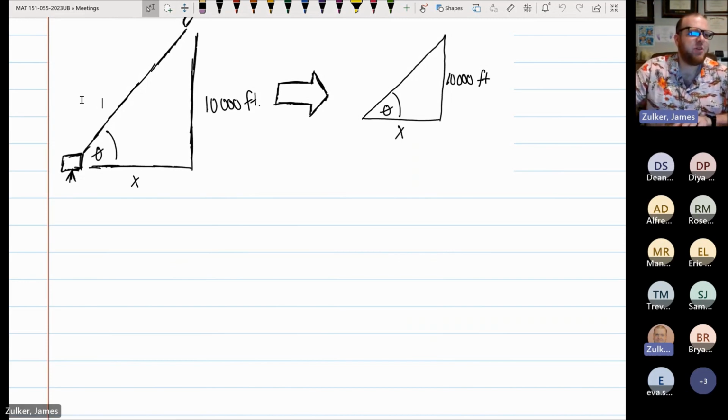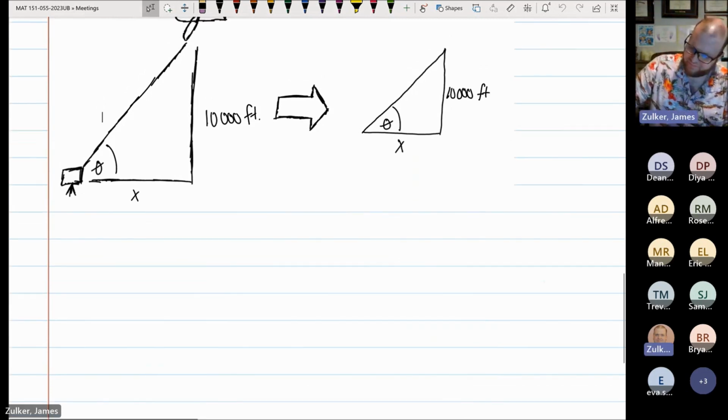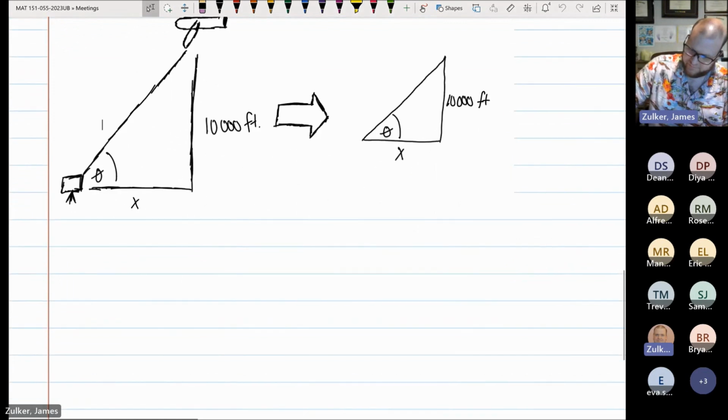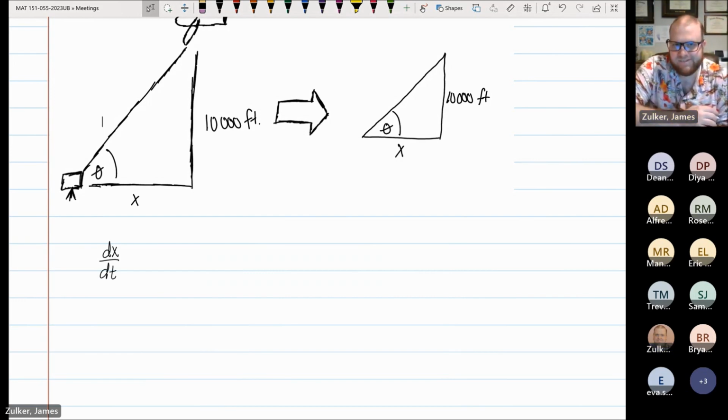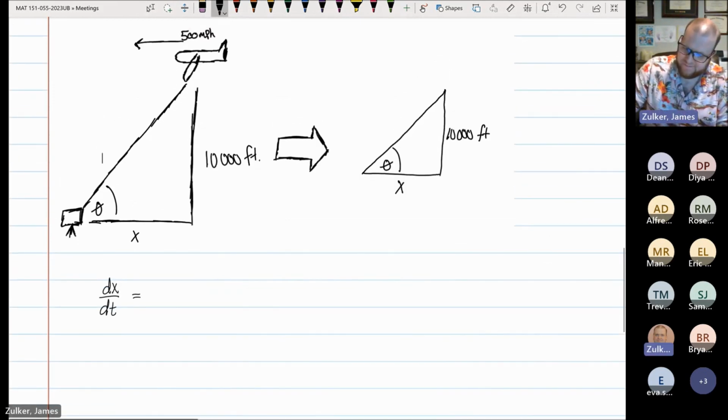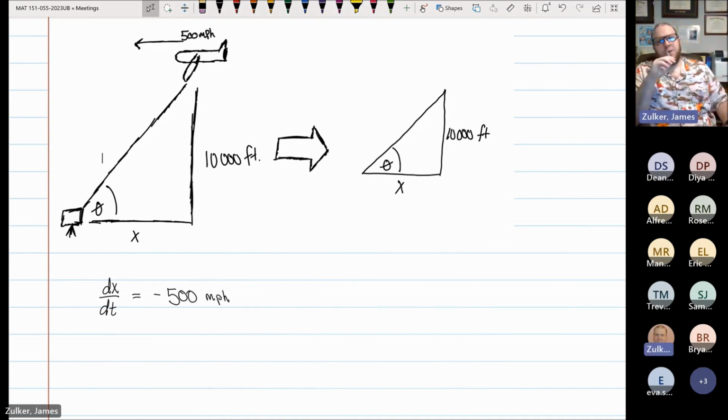Now let's just write down what we know. We know dx/dt. It's negative 500 miles per hour. Right.